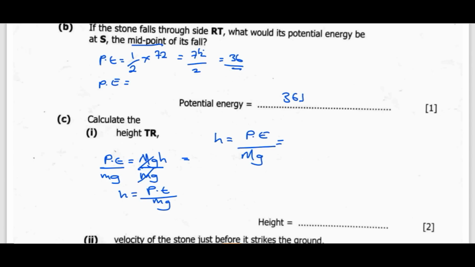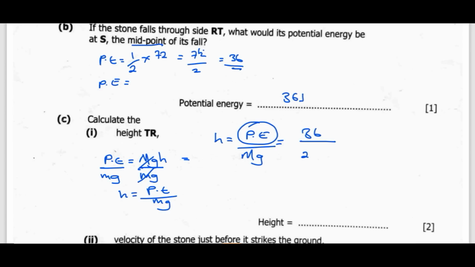So we can substitute now. We are saying that this is the potential energy, it is 36, and then we have 2. Where is this 2 coming from?